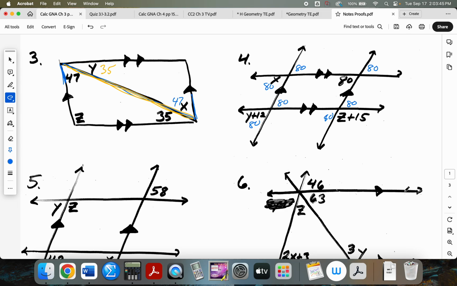All those are going to be 80 then. Subtract that from 180, and all the rest of the angles are going to be 100. That doesn't take very much time at all. And now you have what x is, and you can write an equation for y, and you can write an equation for z.